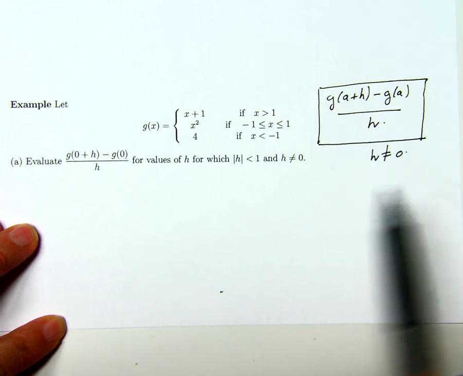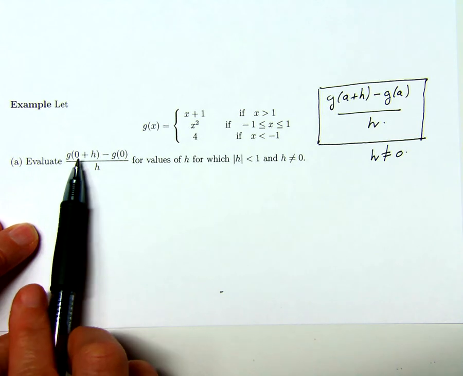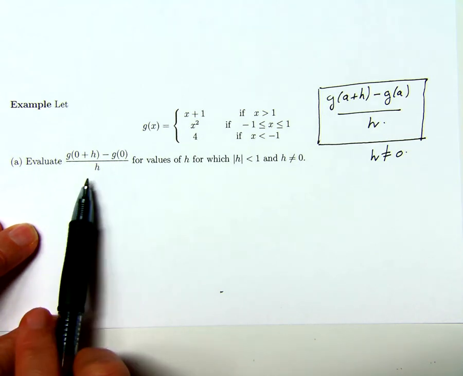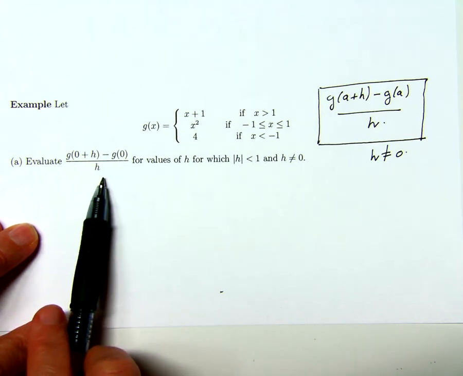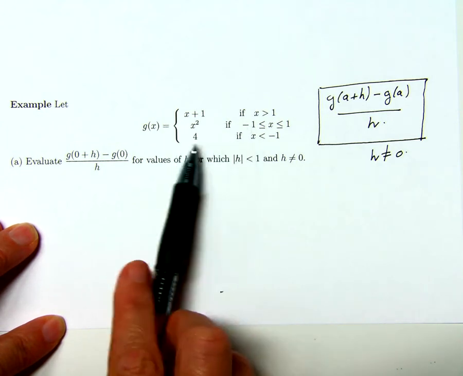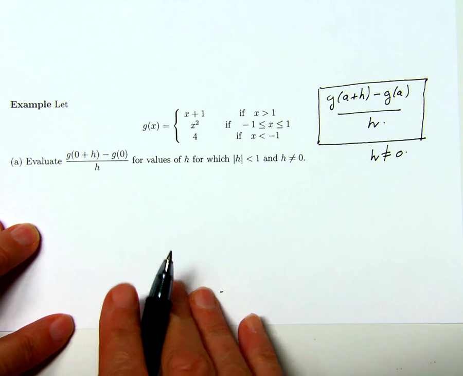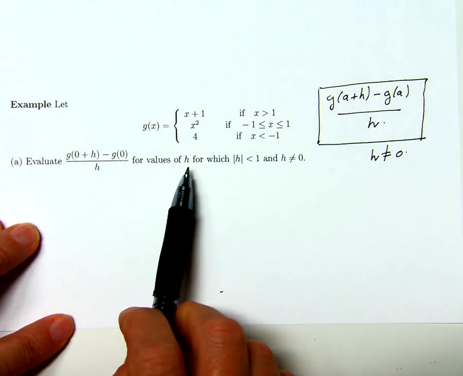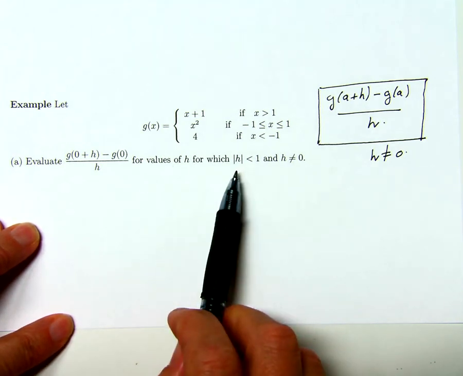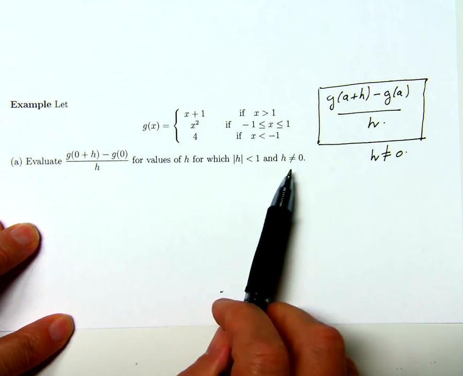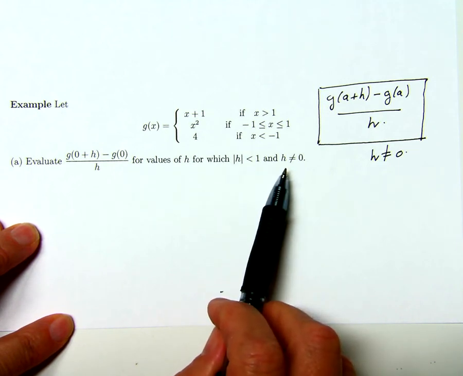So let's try to evaluate g of 0 plus h minus g of 0 over h, where g is given by this set of formulas. It's a piecewise defined function. And we want to calculate this for values of h which are relatively small. Their absolute value is less than 1, and they're not equal to 0.